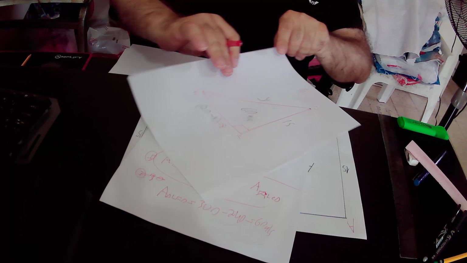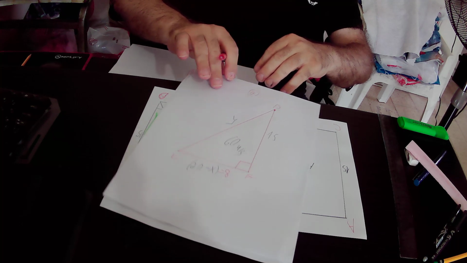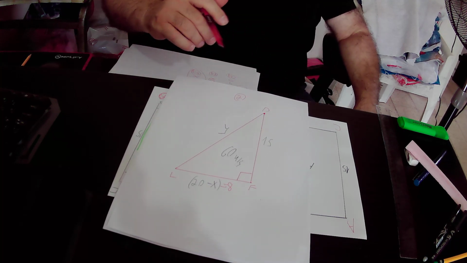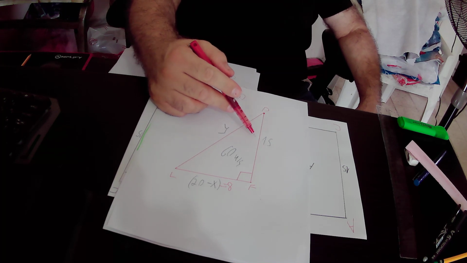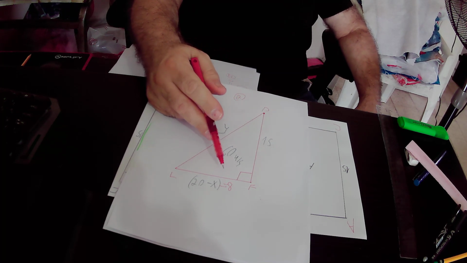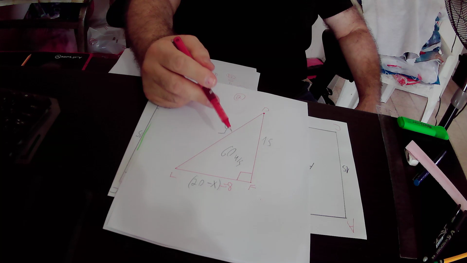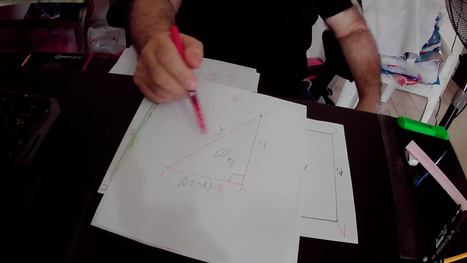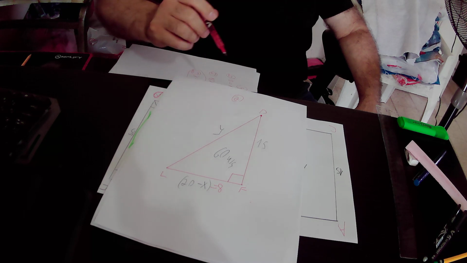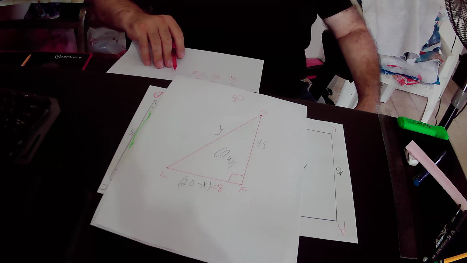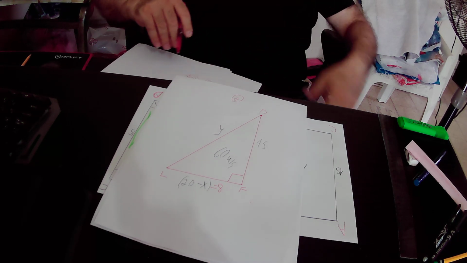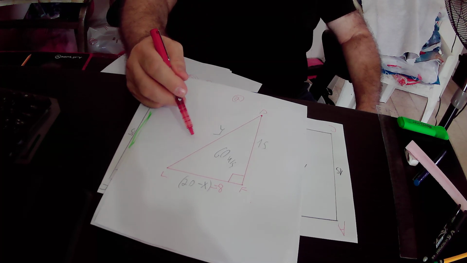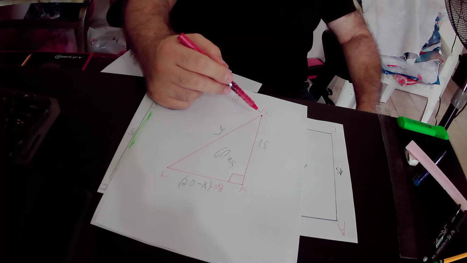So in this right triangle, we have one side that equals 15 units, the other side equals 8 units. So we can use the Pythagorean theorem in order to find the value of y. According to the Pythagorean theorem, the square of the hypotenuse equals the sum of the squares of the perpendiculars.